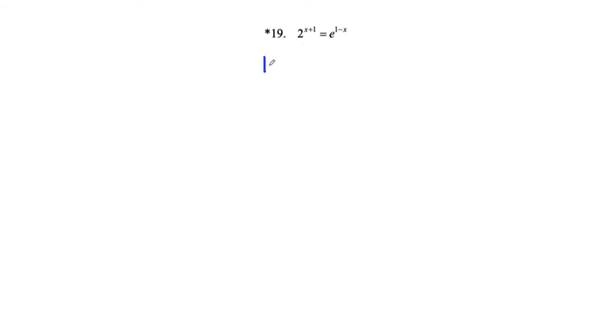In this case, I want to take the natural log of both sides, because if I do that, the natural log of e to the 1 minus x power, well, natural log and e are inverse operations, so they are going to ultimately cancel each other out. So we just end up with the natural log of 2 to the x plus 1 power equals 1 minus x.